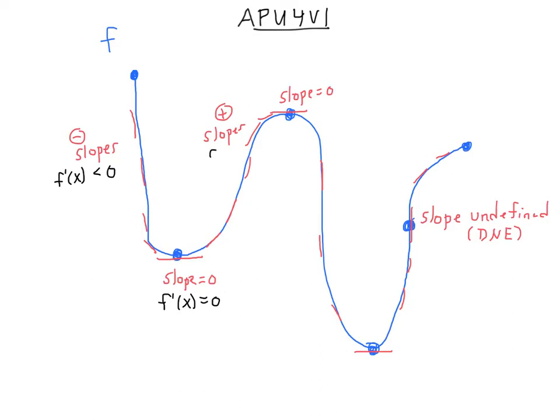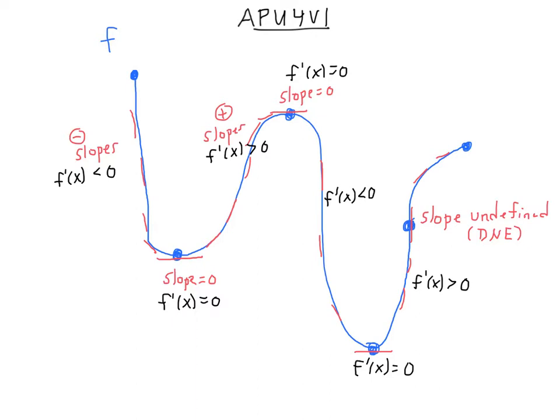Over on this side, our derivative is greater than 0, meaning it's positive. Back up here, our derivative is 0. In this portion of the graph, our derivative is negative, so less than 0. Down here, it would be 0. Then we turn to positive derivatives or positive slopes.